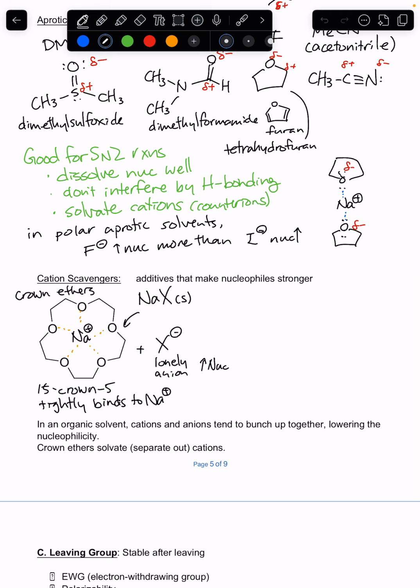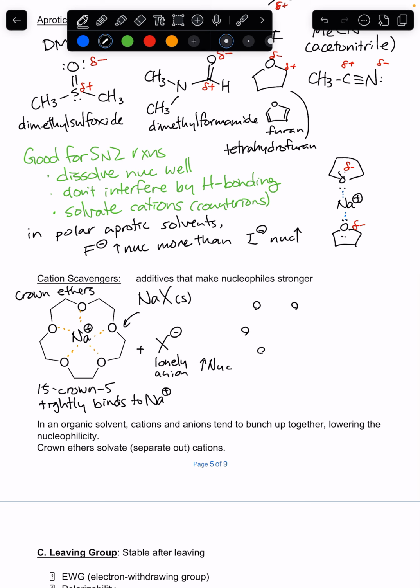Okay. And this is called 15-crown-5 because, if you're pretty sharp, you might have figured this out: there are 1, 2, 3, 4, 5, 6, 7, 8, 9, 10, 11, 12, 13, 14, 15 atoms in the ring with 5 oxygens. So hence it's called 15-crown-5.